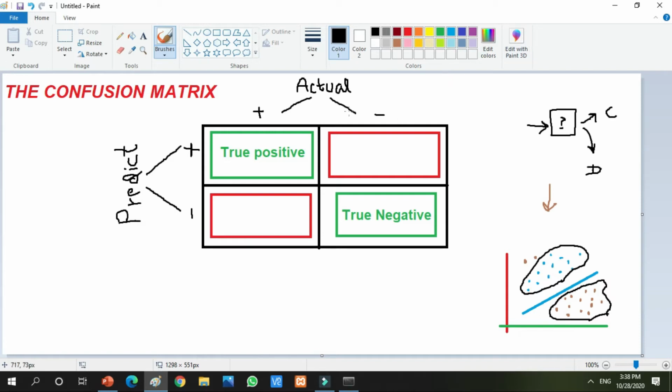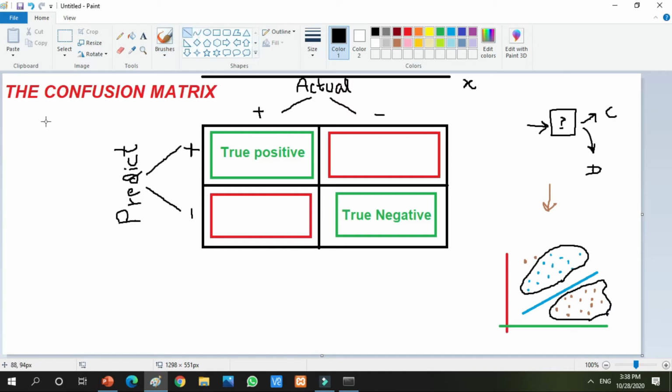The x-axis of the confusion matrix, which is this, the above axis, you can see it. The x-axis of the confusion matrix is the actual data. You know actually the picture you are inputting is a cat or a dog.